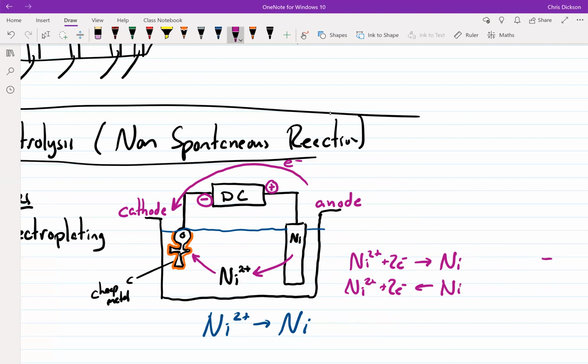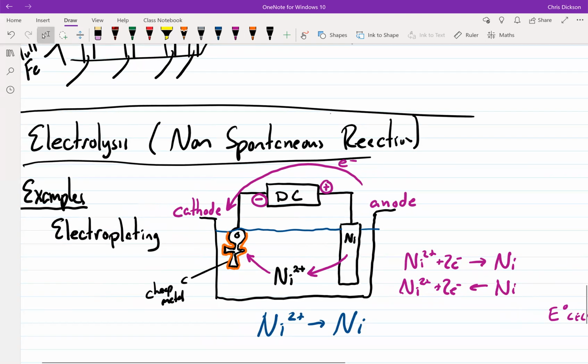So this reaction is negative 0.26, right? But you would have to flip one of them, which means the other one would be positive 0.26. So the E naught for the cell would look like it's 0. But it's important to understand you would have to apply some voltage to this thing to make it go. And so it would not happen on its own. So you need to have some voltage to have this occur.